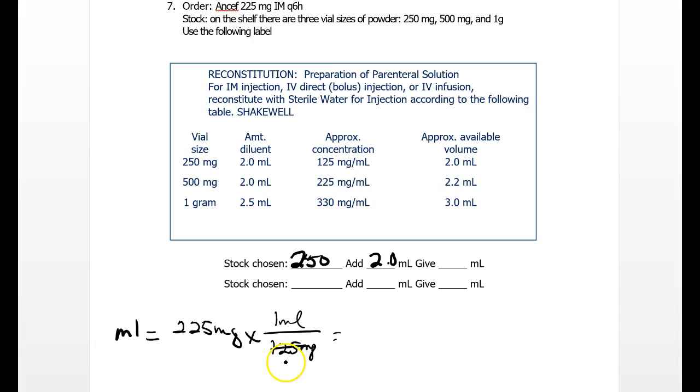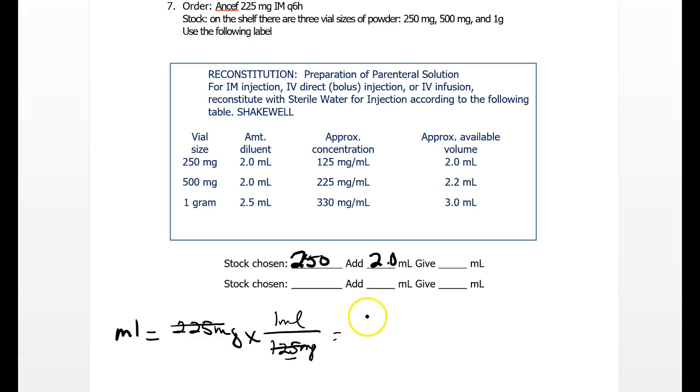How many times? 5. And we'll go into 225. Nope, it won't go evenly.